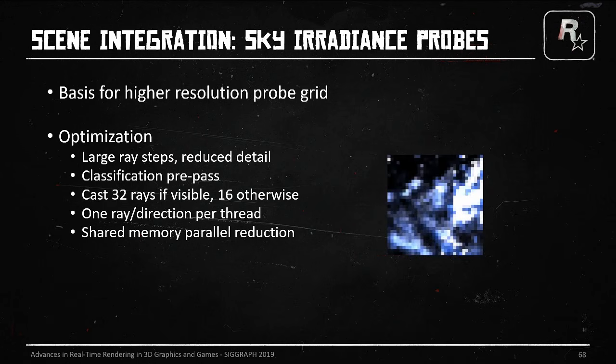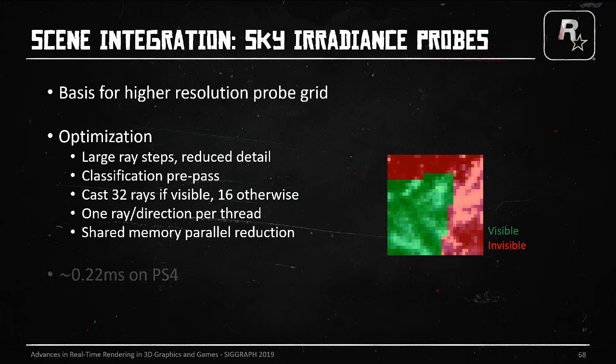So visible probes are casting more rays than invisible ones, but we still need to cast invisible probes and update those because of visibility from reflections. And we generate the ray marching term by casting one ray per thread and then apply parallel reduction in shared memory when we sum all these coefficients up. And all of this costs us 0.22 milliseconds on PS4.